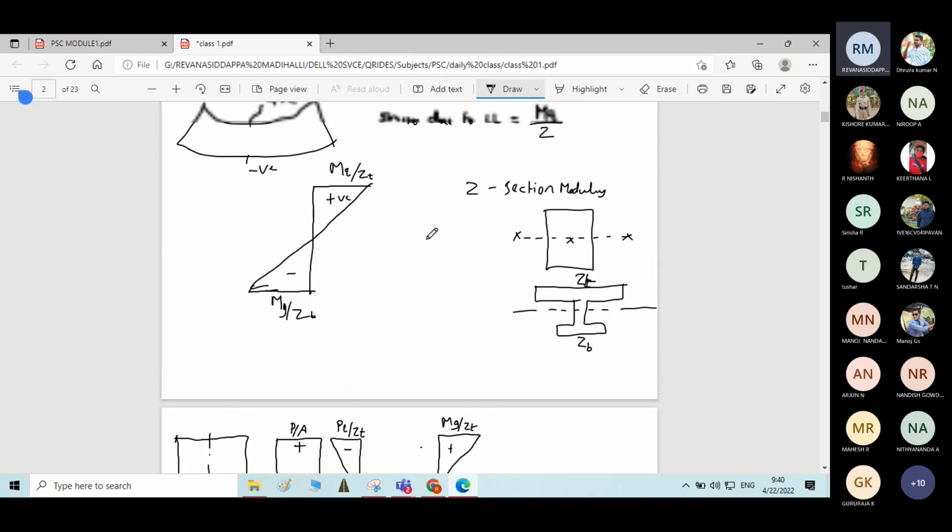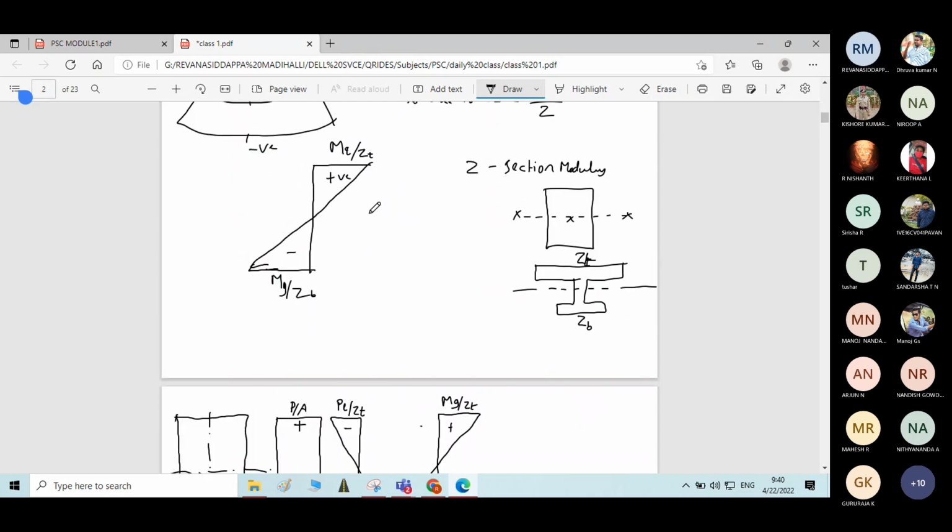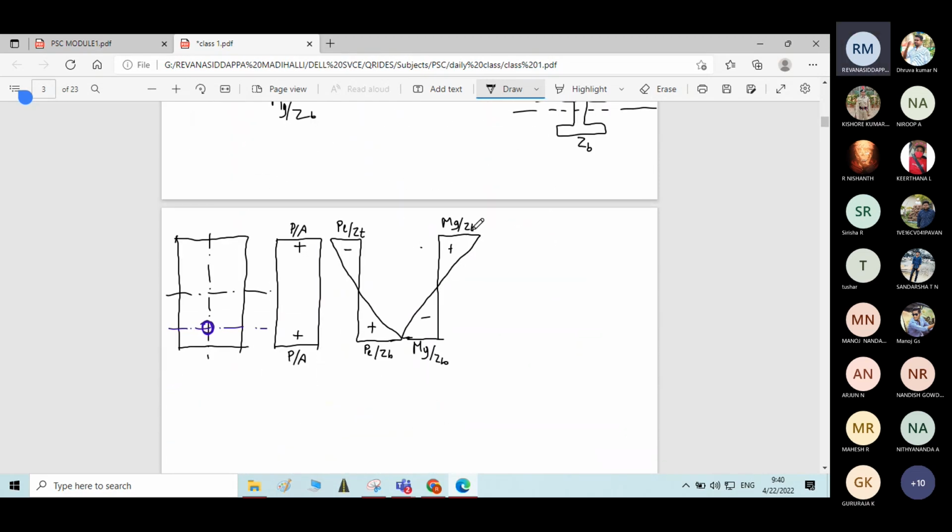Then finally the stresses due to live load. Same kind of figure. Positive, negative, MQ by ZT, MQ by ZB.